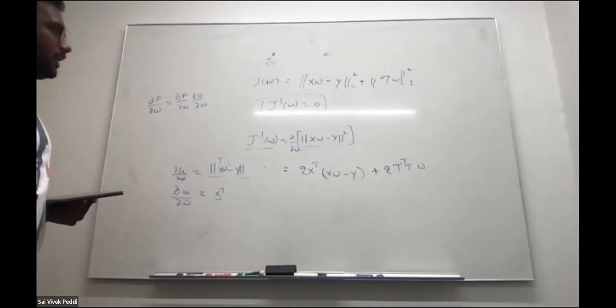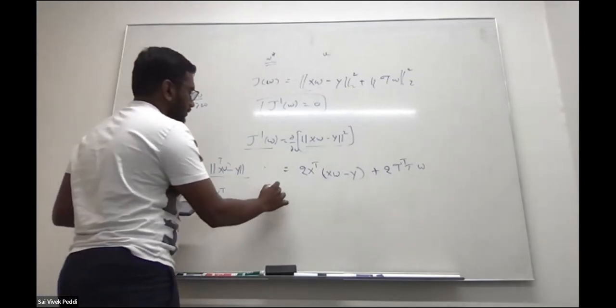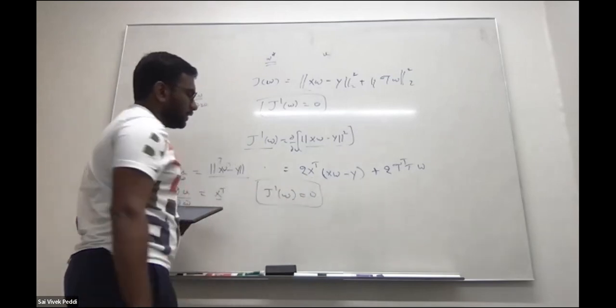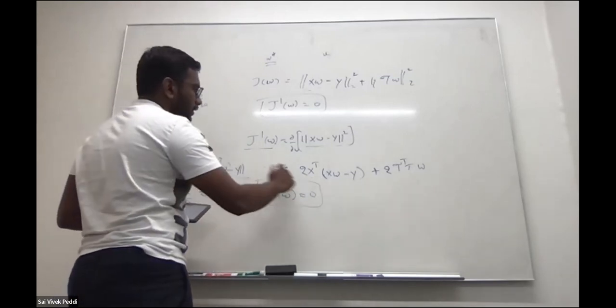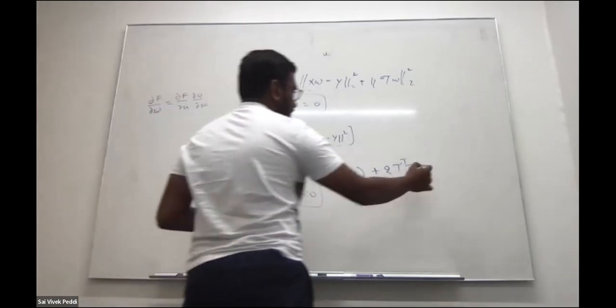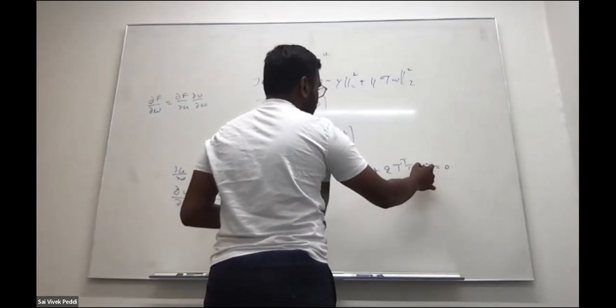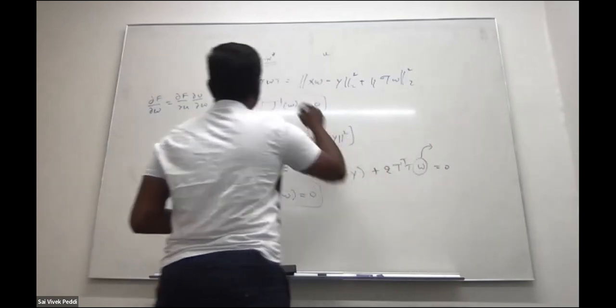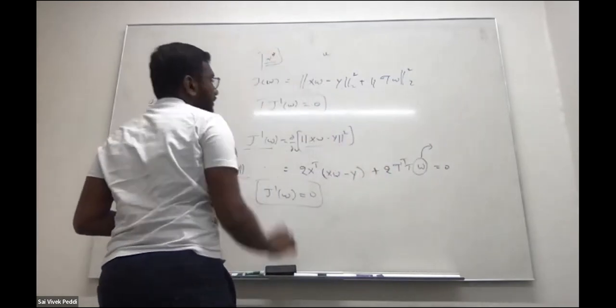So now we said j dash of w should be equal to 0, right? If I equate this whole thing to 0, essentially the w that we'll get here should be the w star that we're looking for. Right?